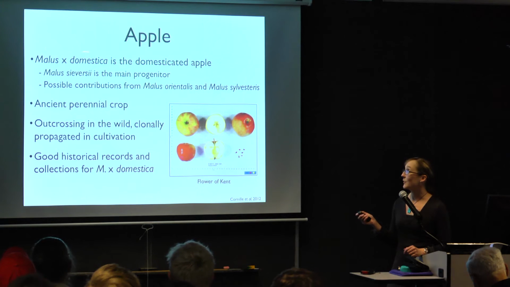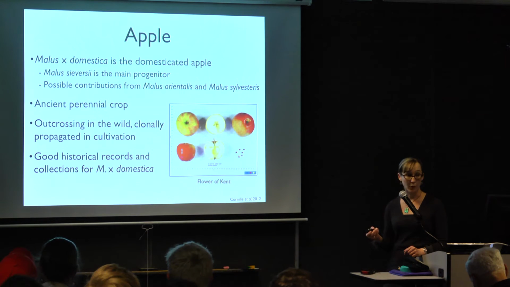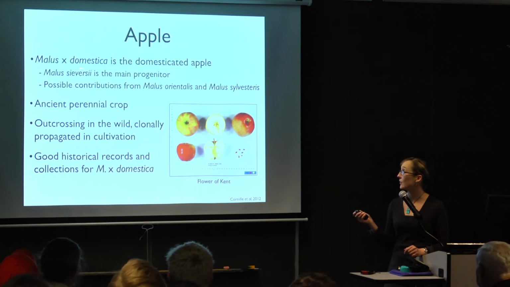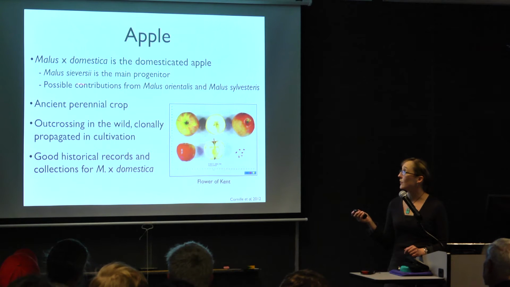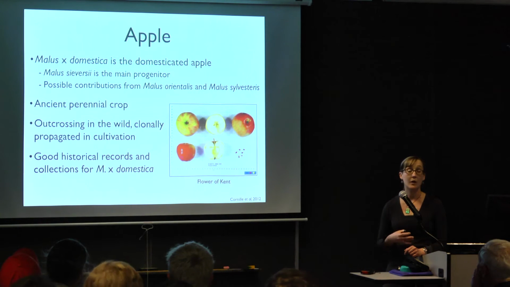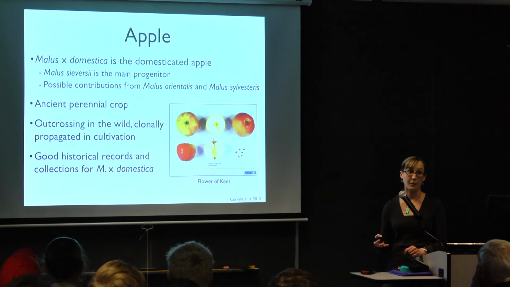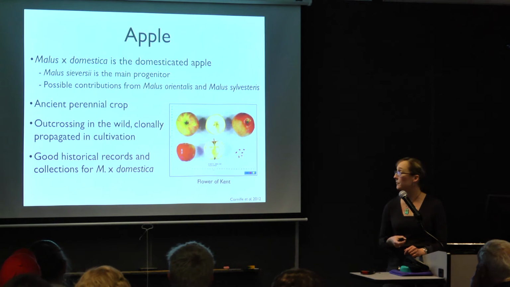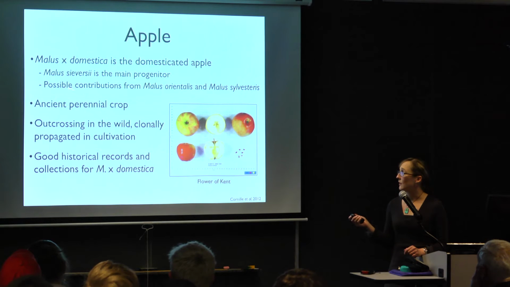So Malus domestica is the domesticated apple. Its major wild relative, the one we think contributed the most to its genome, is Malus sieversii. There are also possible genetic contributions from Malus orientalis and Malus sylvestris, which are also diploid wild apples found in Europe and Asia. It's a relatively ancient perennial crop.